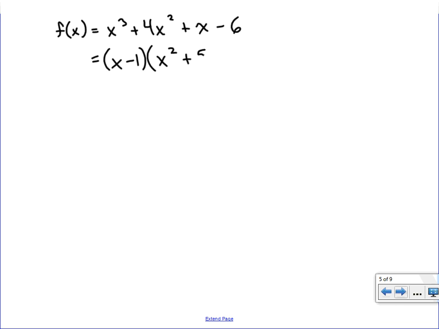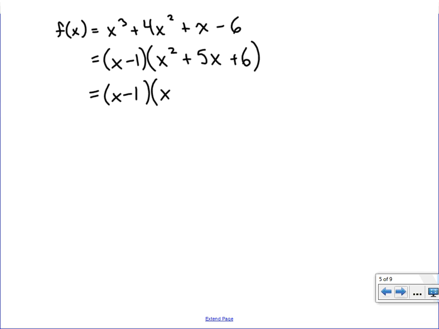This really shows full comprehension of the question. This is what our original polynomial function now starts to become. The x minus 1 factor in the front is a root, a 0 of our function. And now I hope that I can simply, by trial and error or by decomposition, factor this remaining polynomial.